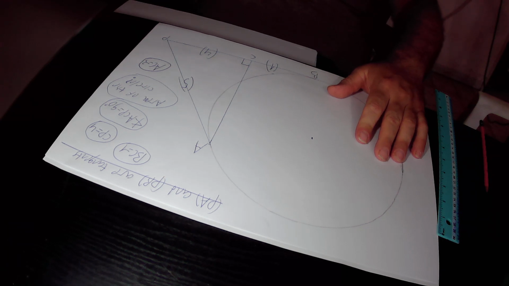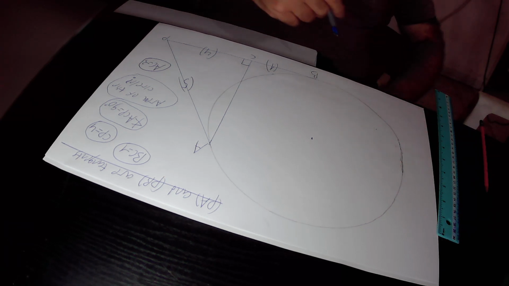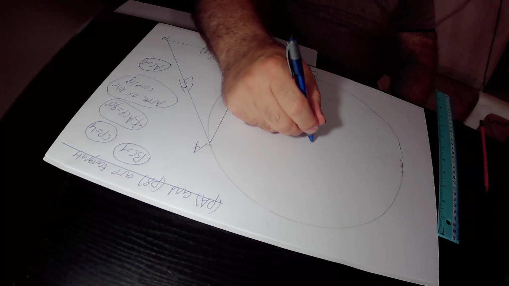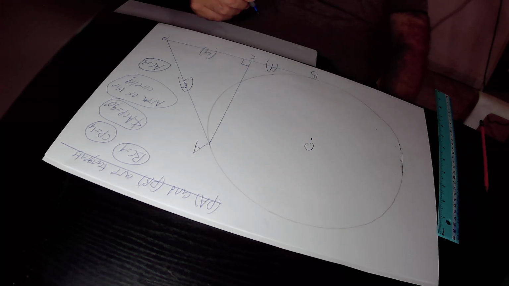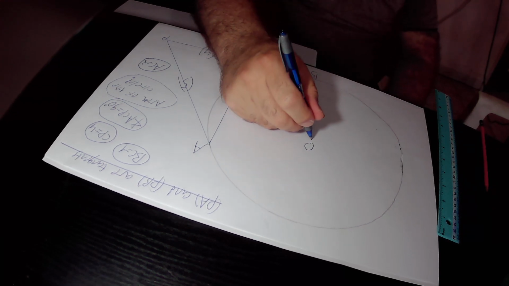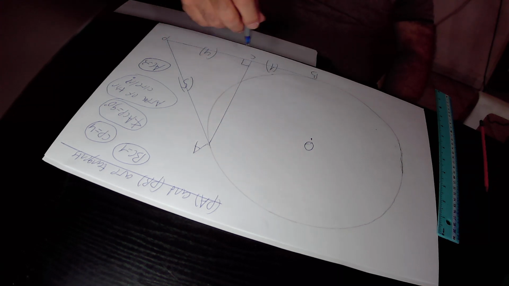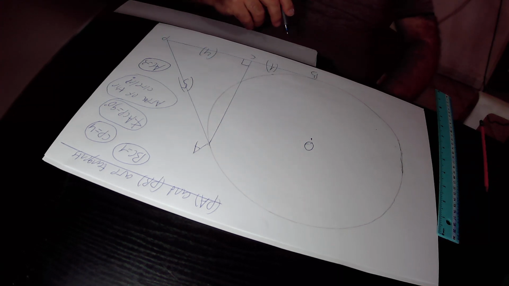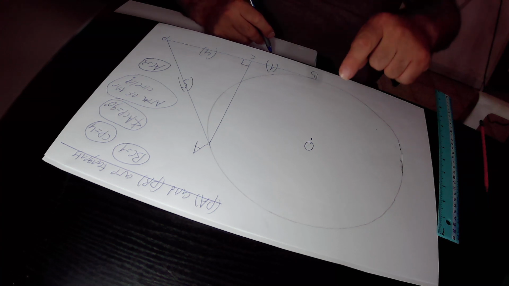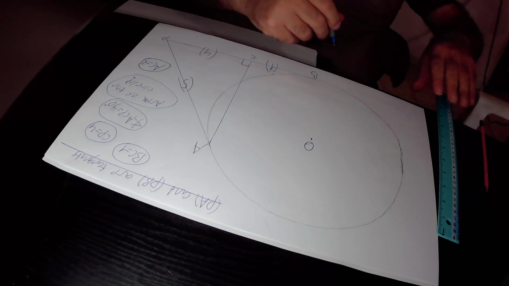In the next step, we define the center of this circle. This point is point O. And we define the radius of this circle as R. In the next step, we will join points O and B together by a straight line.